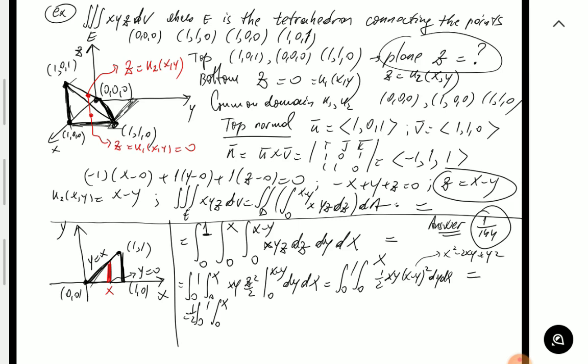And so I'm left with x cubed y. The middle term becomes minus 2x squared y squared. And then the last one plus x y cubed. And now I do dy dx. Now I integrate with respect to y.